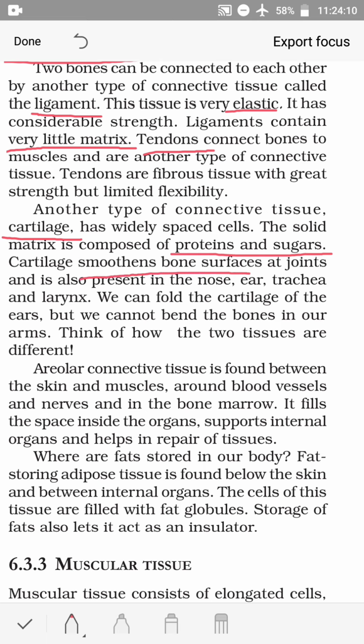It is also present in the nose, ear, trachea, that is the air tube, and larynx, that is the voice box. We can fold the cartilage of the ears but we cannot bend the bones in our arms. So think how these two tissues are different.